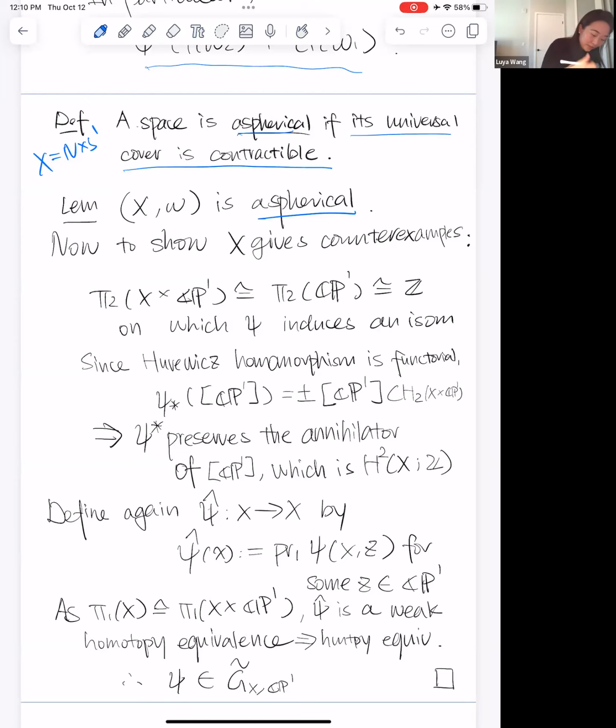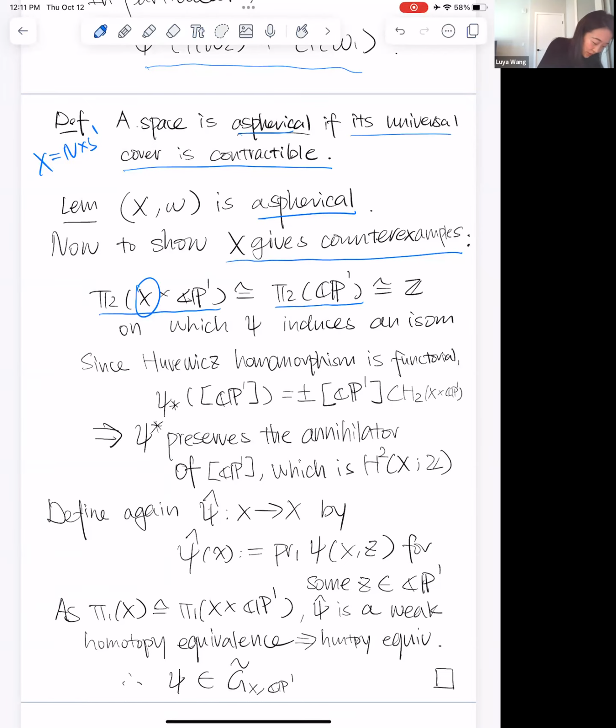Indeed. So now we're ready to show why X gives us counterexamples as well. Different from before, where we used the fact that diffeo preserves p1, here we use that diffeo preserves something else. Now we have pi 2 of X cross CP1, which is equal to pi 2 of CP1, because X is aspherical.